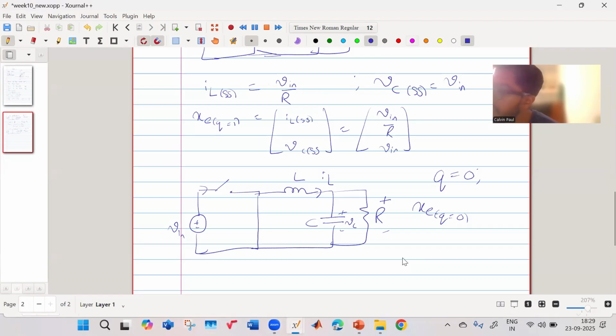Will there be any current coming from the input? Current and voltage will be 0. Okay, so your input current will be equal to 0. Good. So you are saying current and voltage will be 0. So this voltage also will be 0, right?